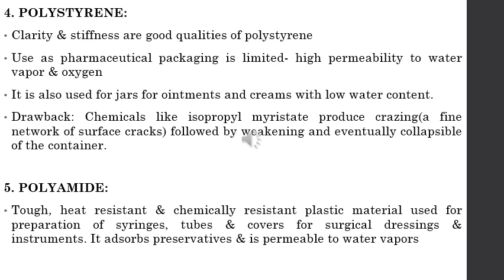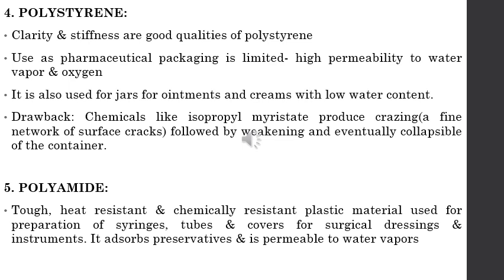Polystyrene is another type of plastic which has clarity and stiffness. Its use as a packaging material is limited, as it has high permeability to water, water vapor, and oxygen. It is used for jars for ointments and creams with low water content.